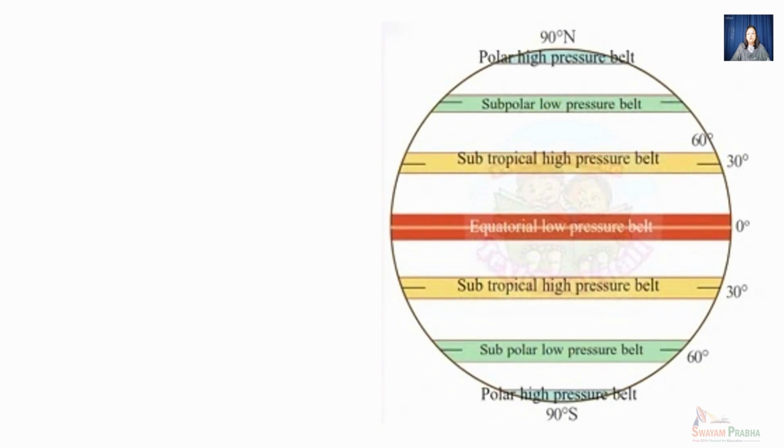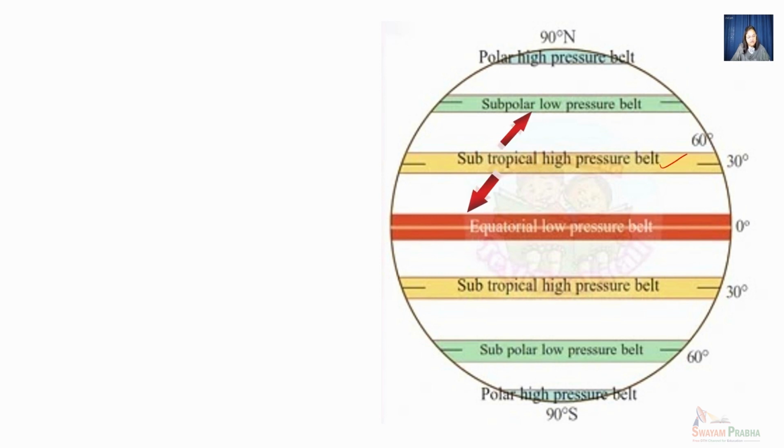So let's just quickly see, depending upon the various pressure belts of the world, how the general circulation of wind will look, and how this general circulation on Earth's surface is aided by the atmospheric air pressure conditions in the upper atmosphere. So as you can see, by rule, air always blows from high pressure regions towards the low pressure regions.